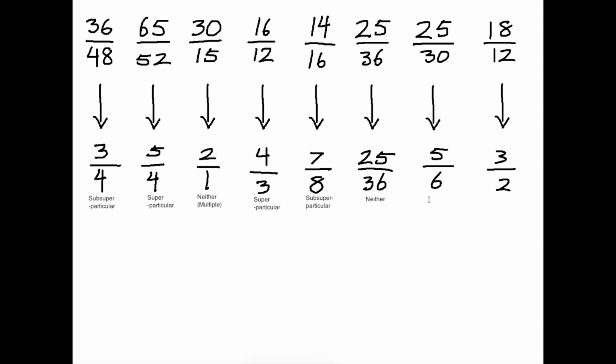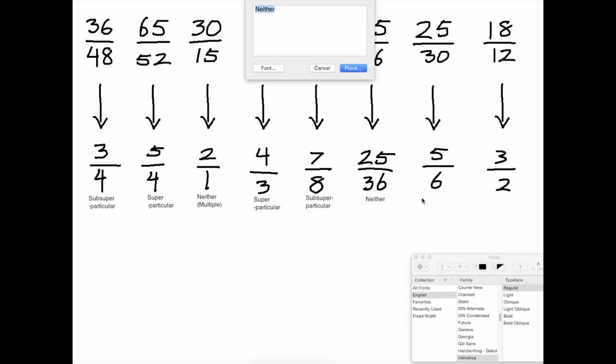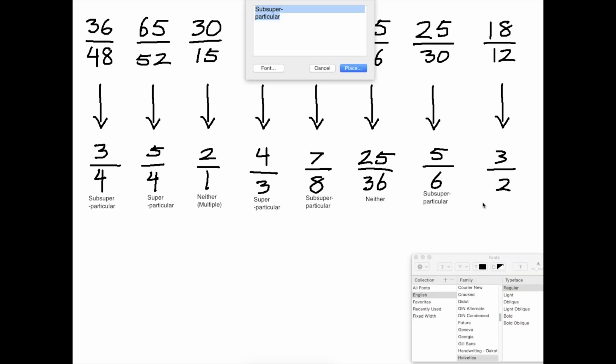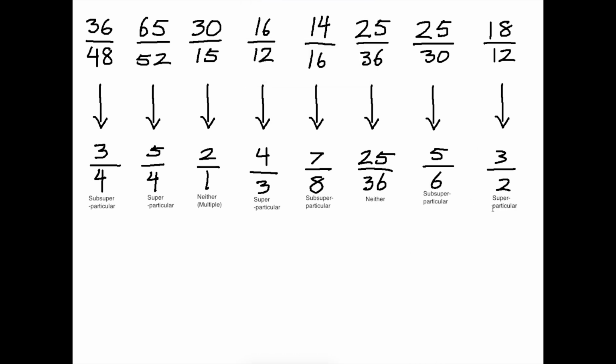Okay, so 5/6. Well, this one is going to be sub-superparticular as well, right? Why? Because it's shy of being equal to 1 by 1/6. And then 3/2 is, of course, going to be superparticular, and it's superparticular of a particular kind, right?